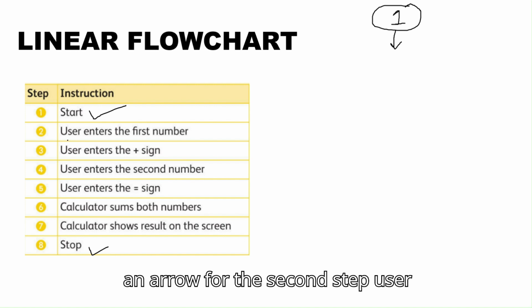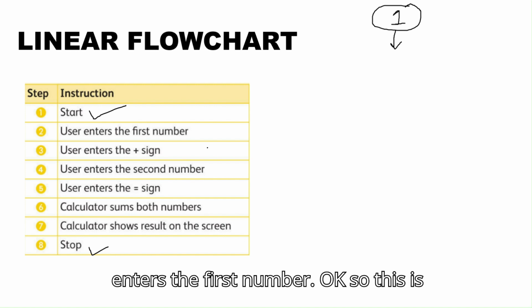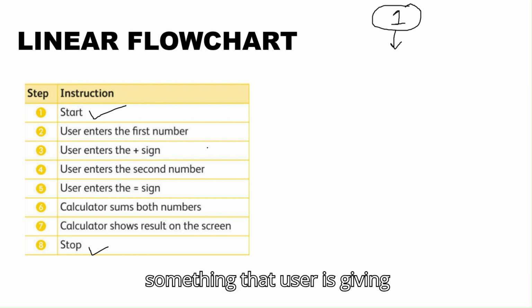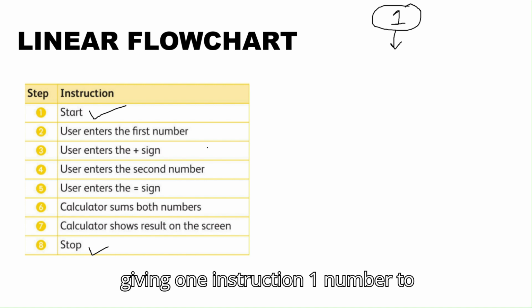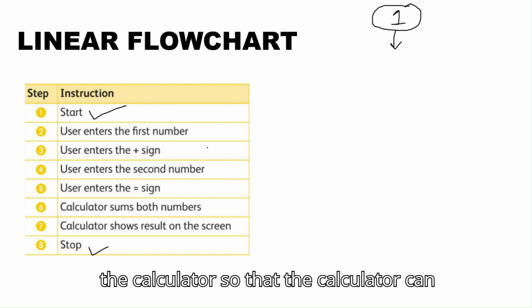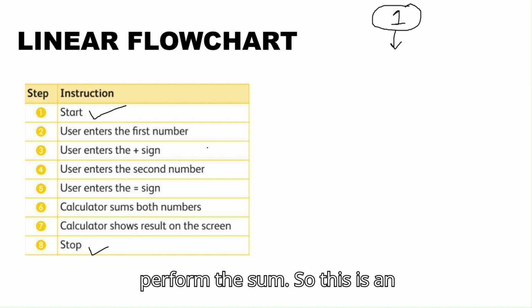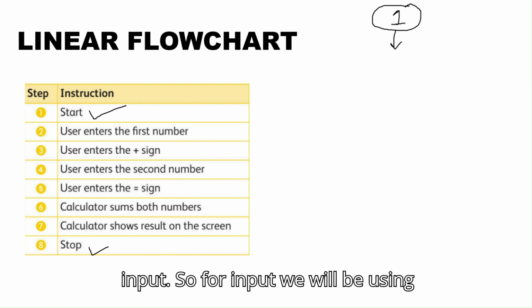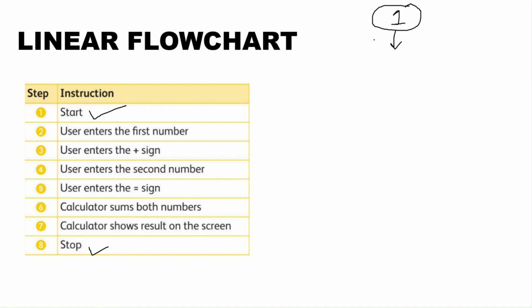For the second step, user enters the first number. Okay, so this is something where the user is giving input. So the user is giving one instruction, one number, to the calculator so that the calculator can perform the sum. So this is an input. So for input, we'll be using a parallelogram.